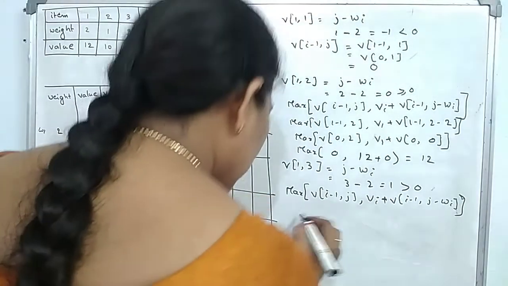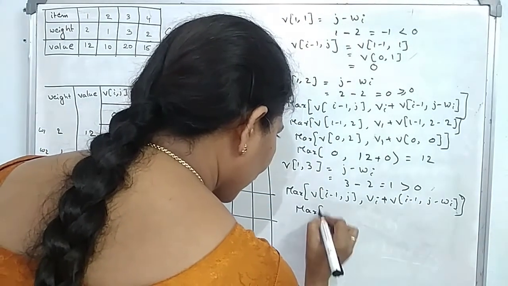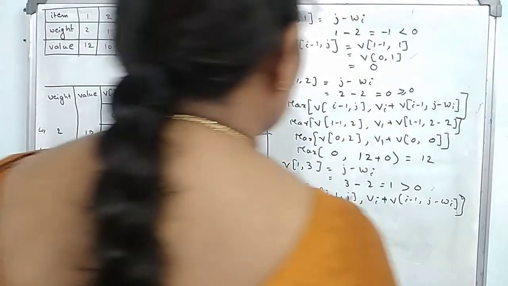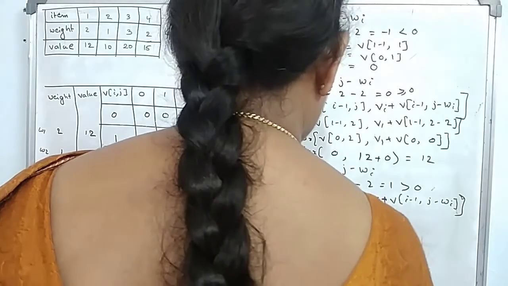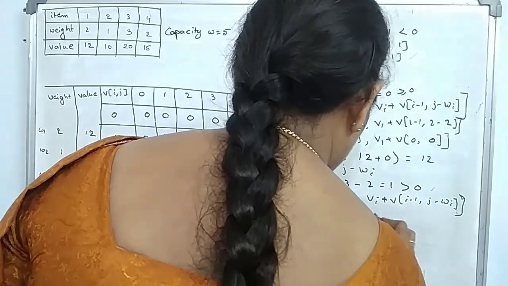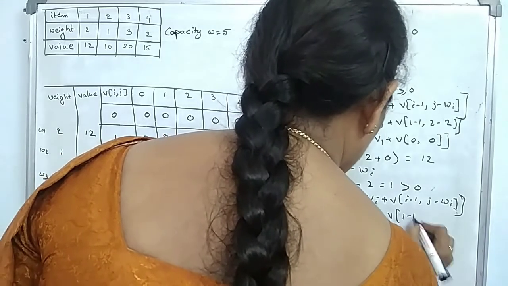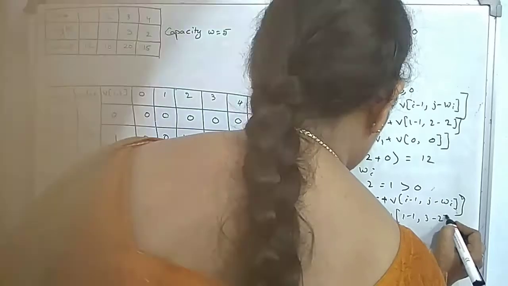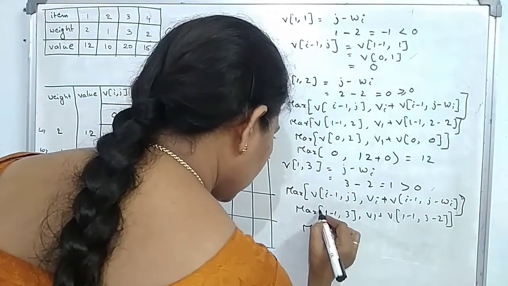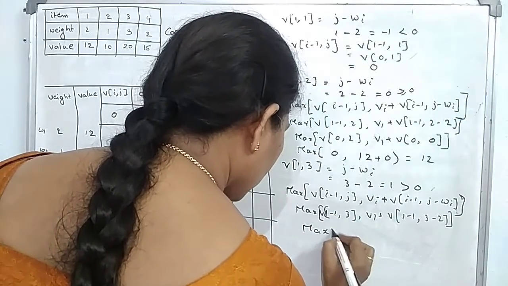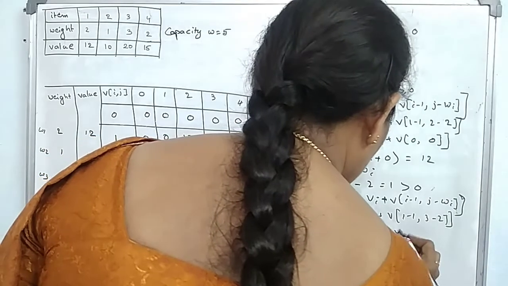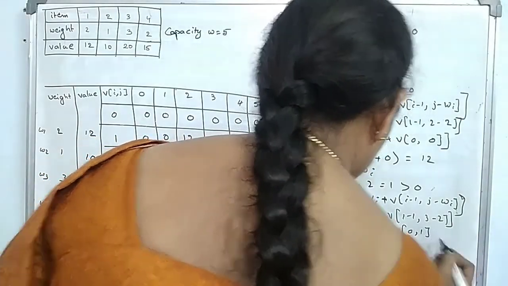So that means maximum of V of 0 comma 3 comma V1 plus V of 0 comma 1.